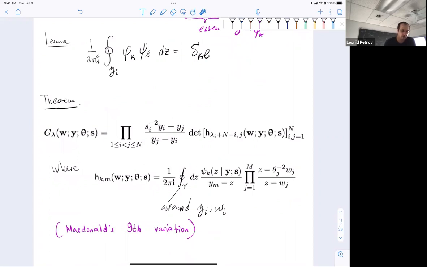In the usual Schur case it would be lambda i plus j minus i, or maybe lambda i plus n plus j minus i, but here j plays a slightly different role. j is the index of this y in the integral, and still this is well known in the community, and it appears as Macdonald's 9th variation on the Schur theme from 1992, I believe. So this sort of function is known.